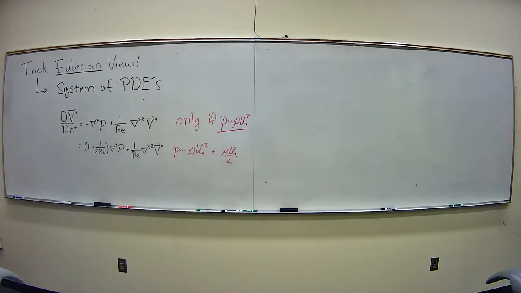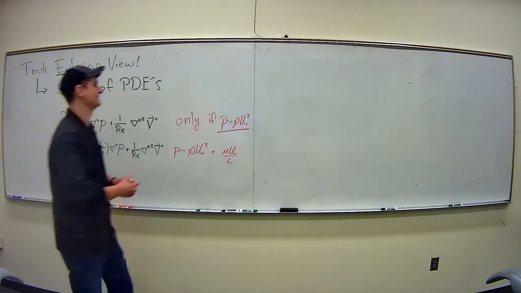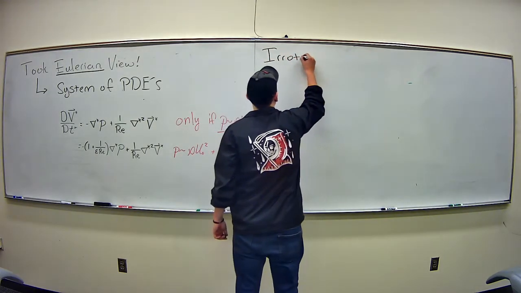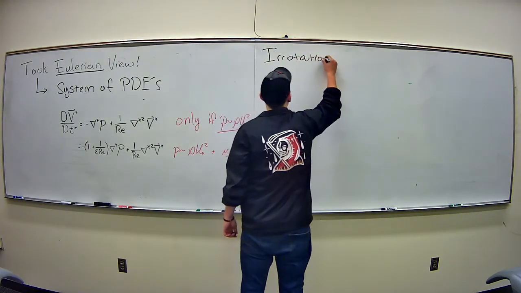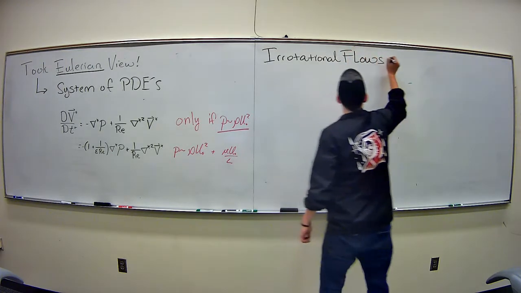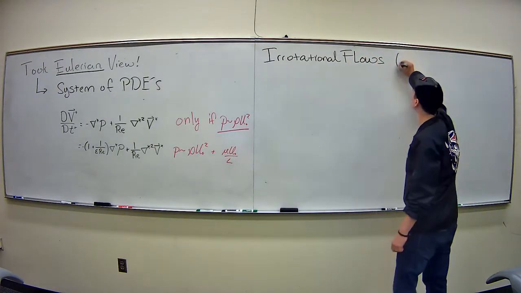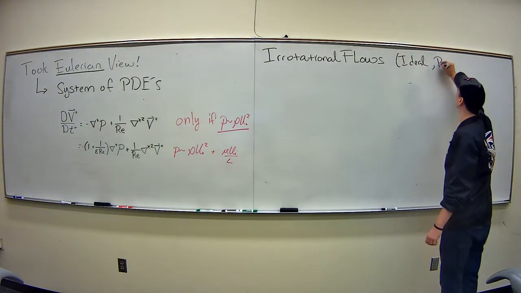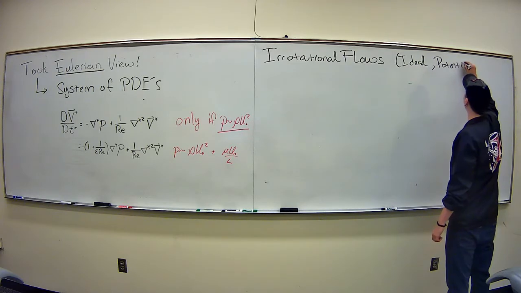A second thing of simplifications is this idea of irrotational flows. Sometimes called ideal flows or potential flows.